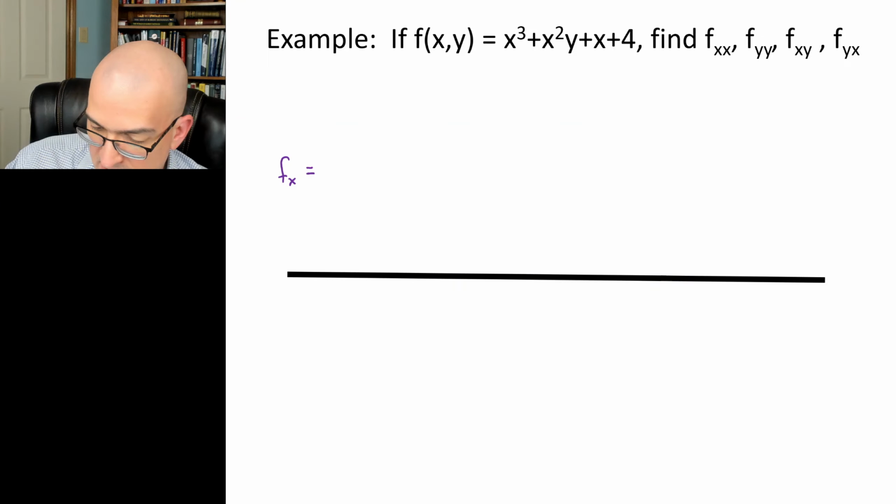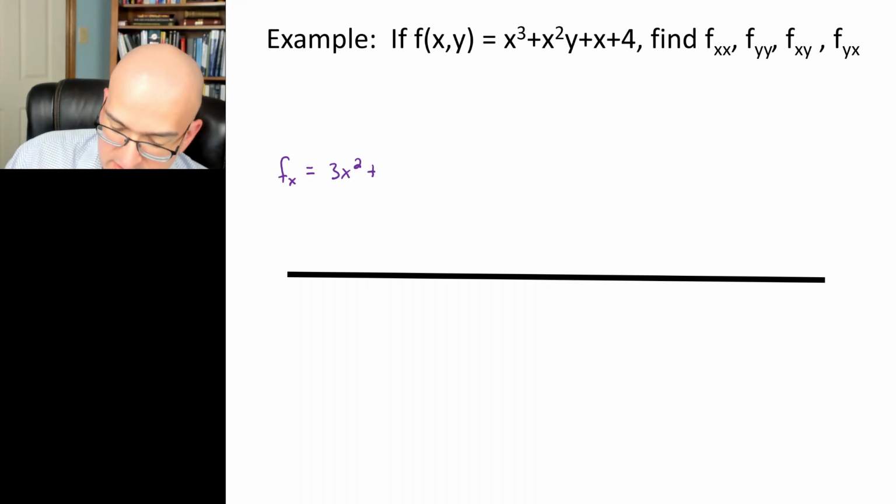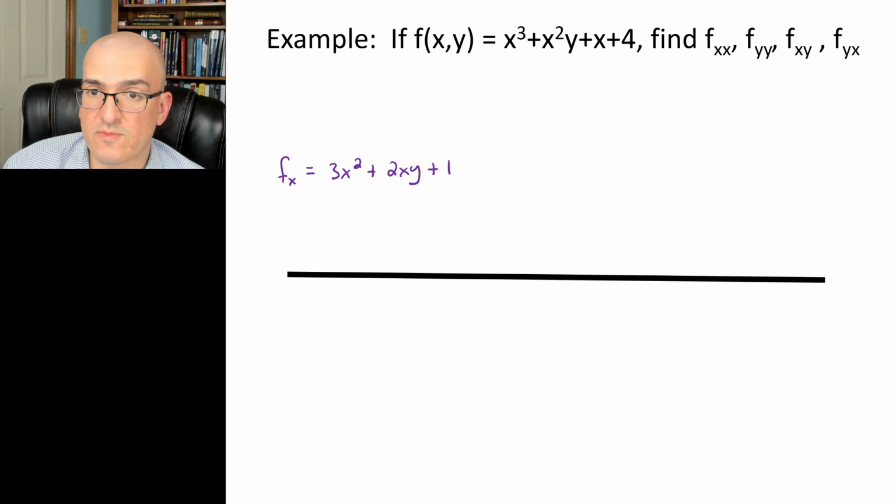I'm going to take the x derivative of each of those pieces. So 3x squared plus, take the y out front. We have y multiplied by the derivative of x squared, so y multiplied by 2x. It's going to be 2 times xy plus 1. The derivative of 1 times x is 1, and the derivative of 4 is 0.